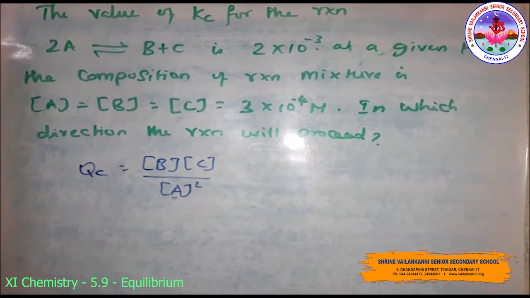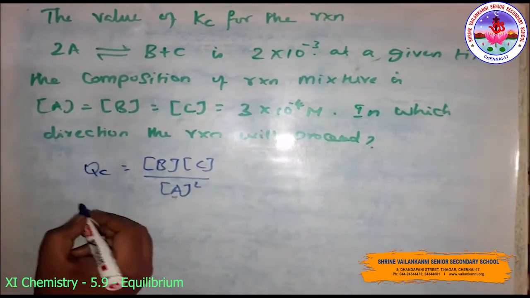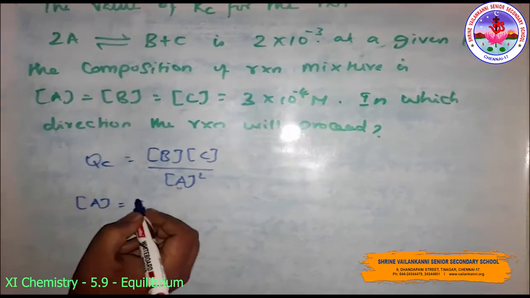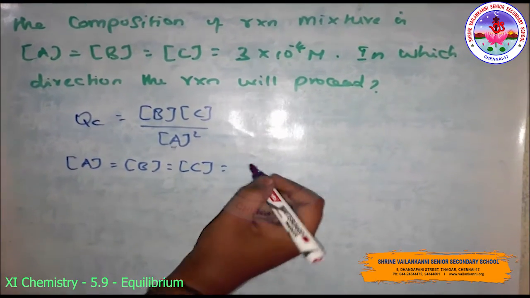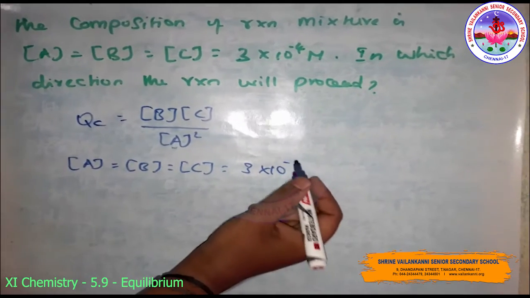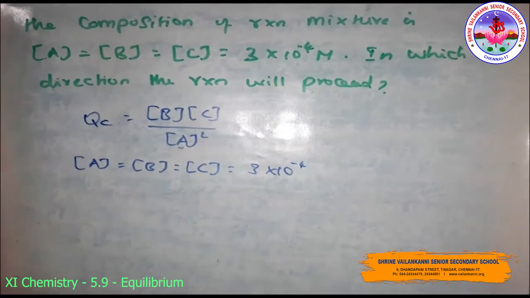In this reaction, the concentration of A, B and C are all 3 into 10 power minus 4 molar.